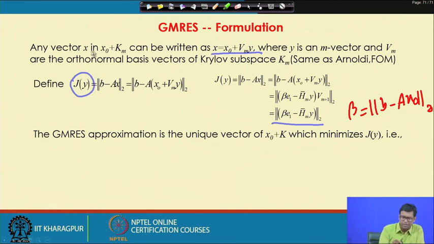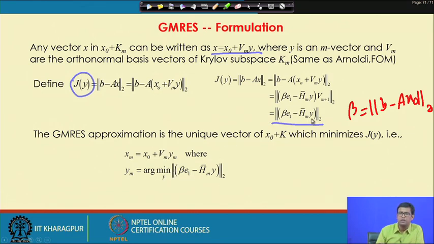So, my final x will be x 0 plus K which minimizes this. Now, minimizing J y is equivalent to minimizing this particular function, the L2 norm of beta e 1 minus H m bar y. So, we have to find a y which minimizes this particular norm, and then we multiply this y vector with V m, the basis vectors of the Krylov subspace, and this x m is the solution of the equation.